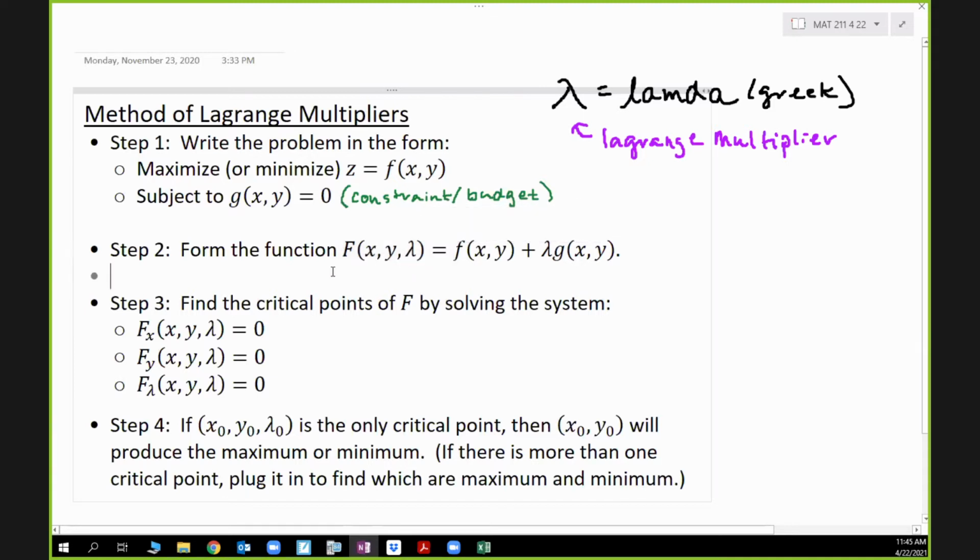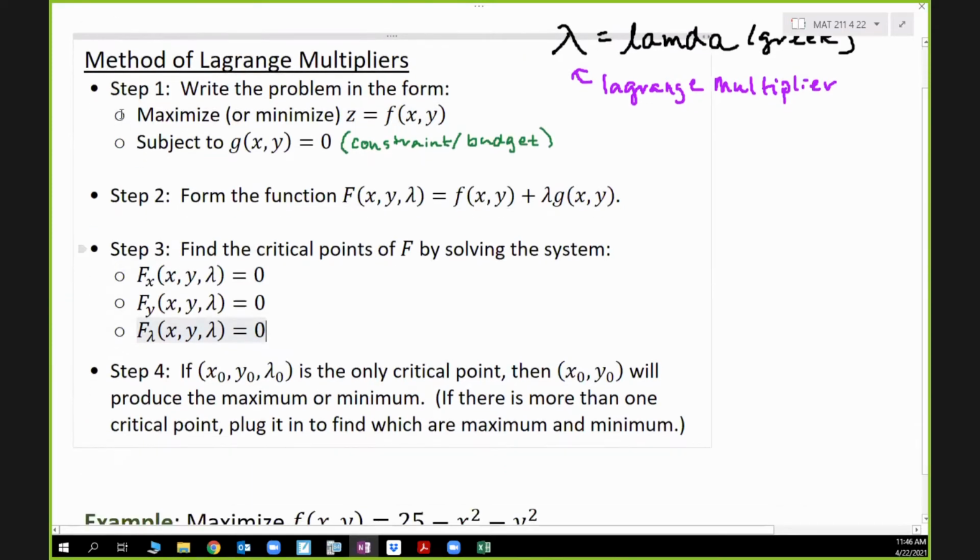So we're adding 1 layer to what we were doing on Tuesday, but we'll be doing a similar kind of thing where we're finding the critical points, which involves partial derivatives. And we have this 3rd little variable, lambda. I just want to emphasize that lambda is not different from x and y in any way. It looks a little weird if you're not used to seeing lambda, but it's just like a regular variable that we use.